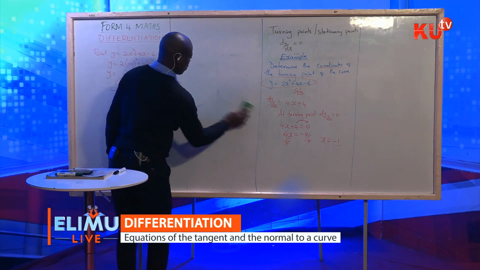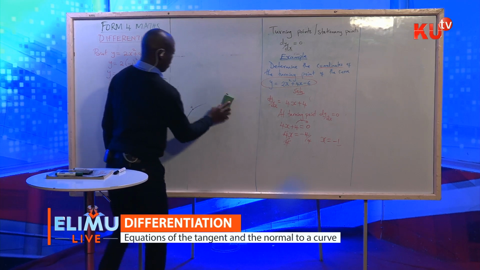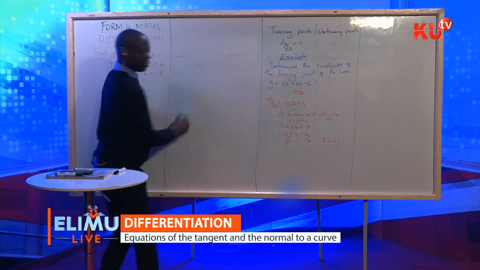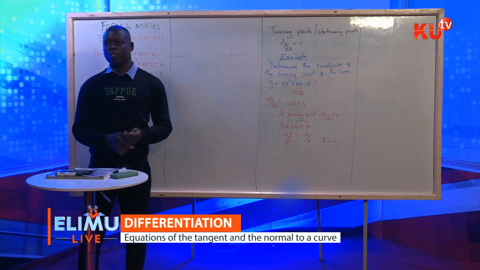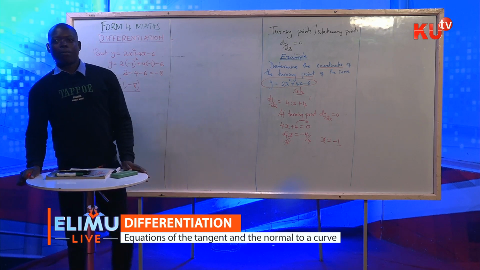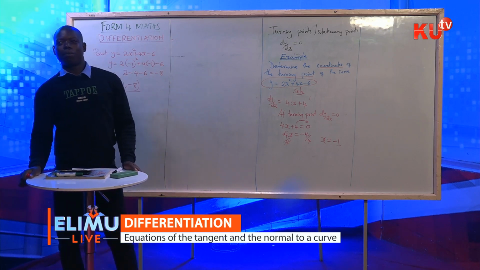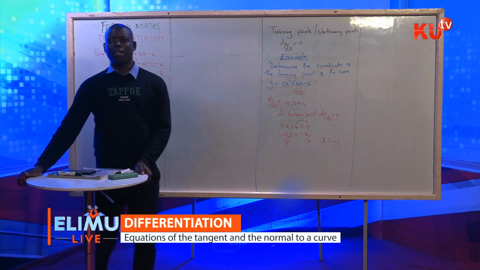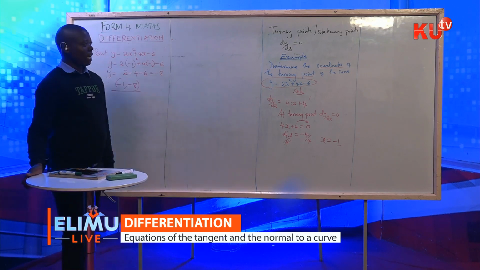The first question, which was done on the turning points. Let's see, students, what is the first question that we have on the turning points? Let's be able to have our question on the screen.